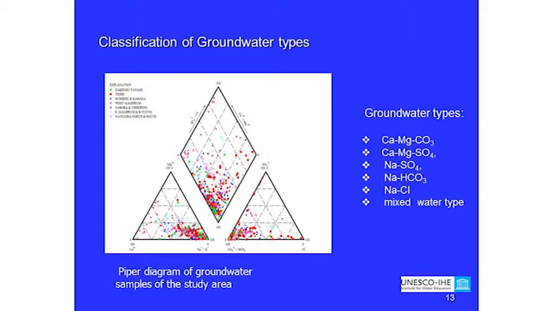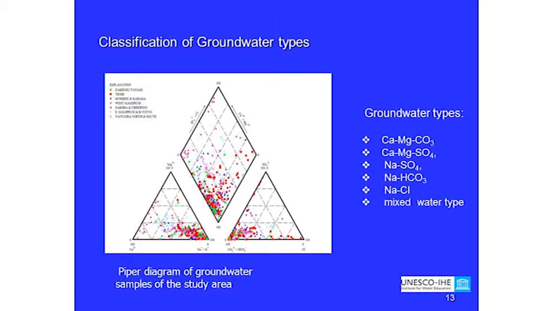Now, from the Piper diagram, which I used to analyze my groundwater samples, it came out that there were 6 groundwater types. So many groundwater types also indicates how variable the water quality is in that area, and it gives an indication that there are so many processes happening in the aquifer system, resulting in various types of groundwaters.